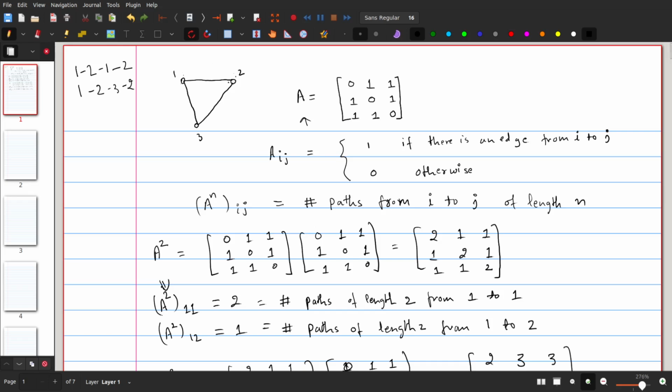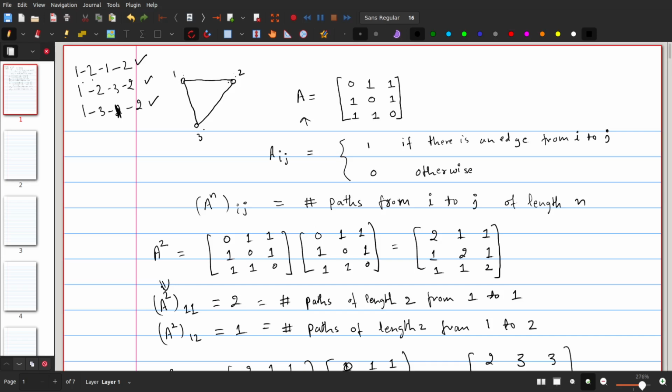And another path is we go from 1 to 3, then again to 1, and then we go to 2. So these are the three paths of length 3 from vertex 1 to 2.